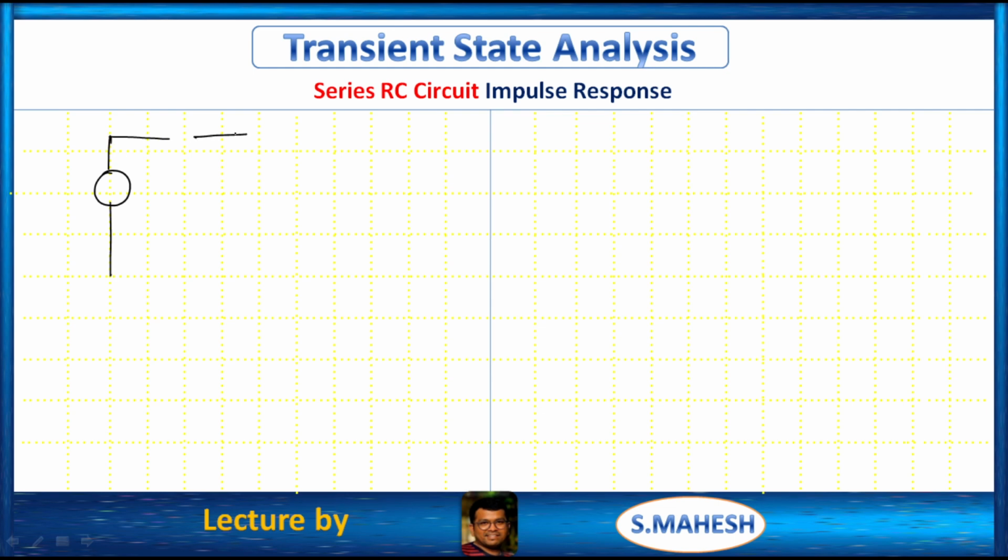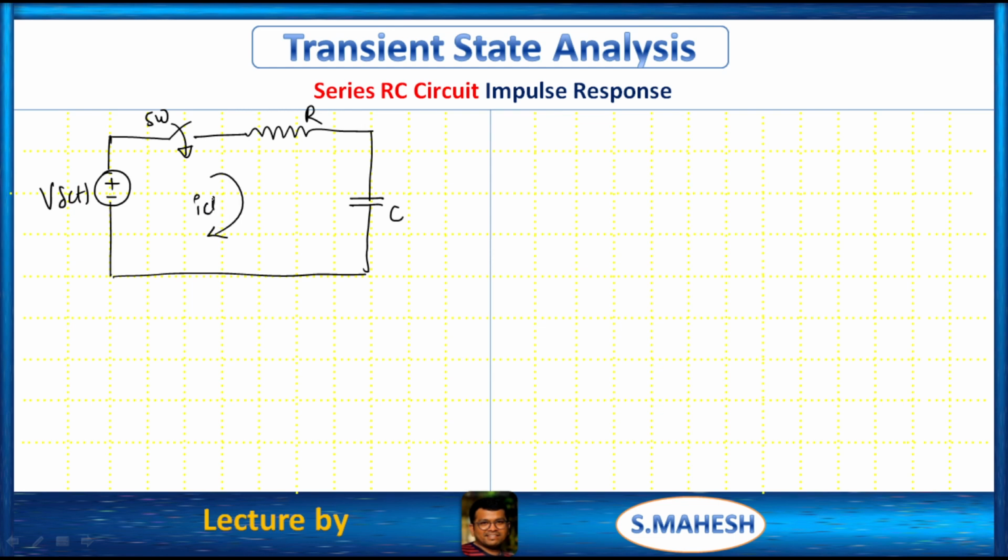We have a switch, then R, and finally C. This is R, this is the switch, and this is V into delta T, because the input is an impulse input. Because of this, there is a current I of T. That's it.